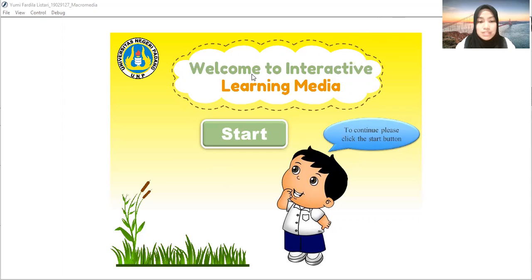Then the media has also been created to look attractive for students because it provides a drag and check feature in understanding the topic. Besides that, input text to answer questions and a check feature are also provided in the materials.